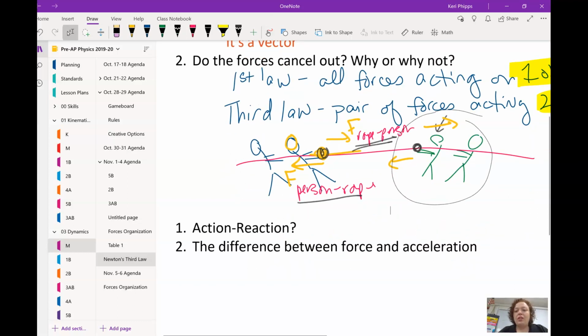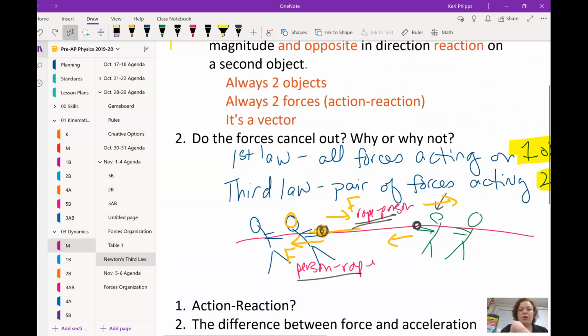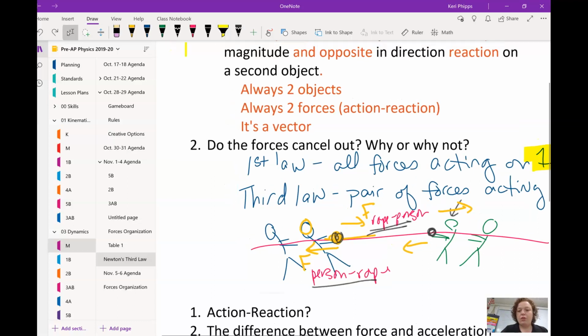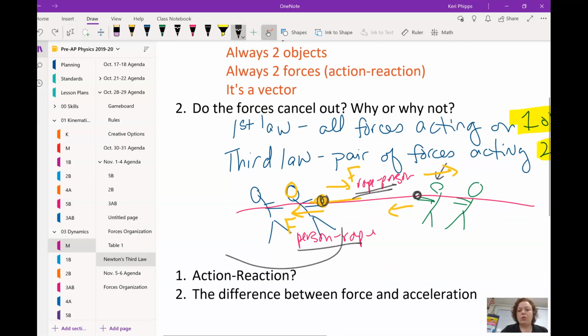Okay, so what's acting on the object they just circled is, we'll use the other one because we can see it better. Just like we do a free body diagram, what are the forces that are acting on that system? The only forces that are acting on that system are the force of the rope pulling, and because we're going to be on a floor, we'll have a force of friction going this way, and we'll also have what?